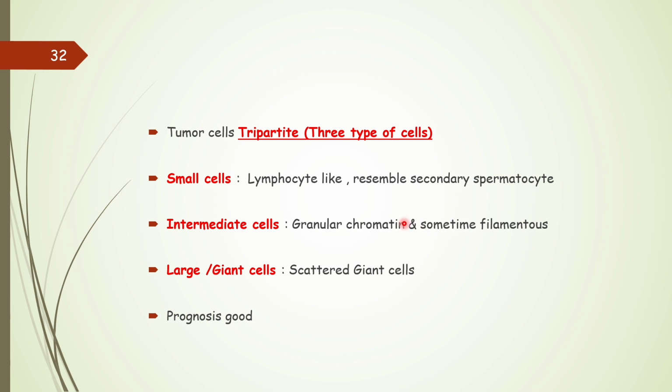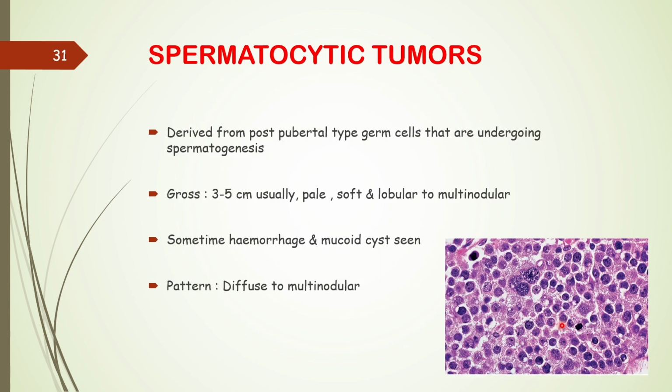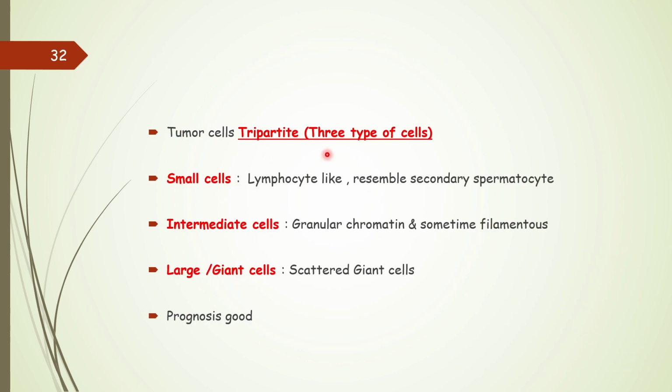Intermediate cells have granular chromatin, are somewhat larger, and sometimes filamentous and elongated. The large cells are usually giant cells, multinucleated, right? So these are the tripartite cells. This is the large giant cell, these are the intermediate-size cells, and this is a small lymphocyte-like cell. So all three categories are present in spermatocytic tumor.